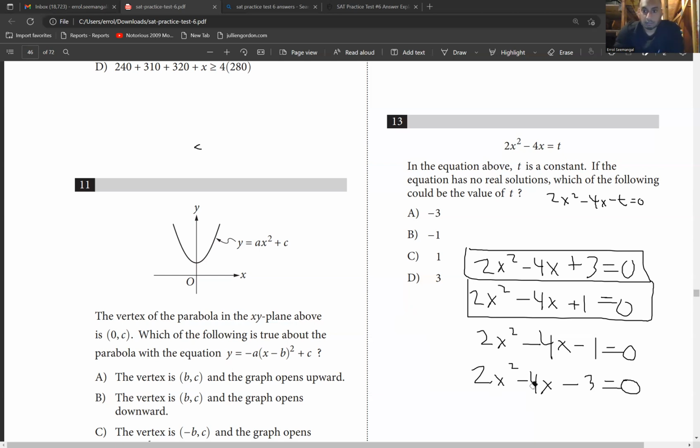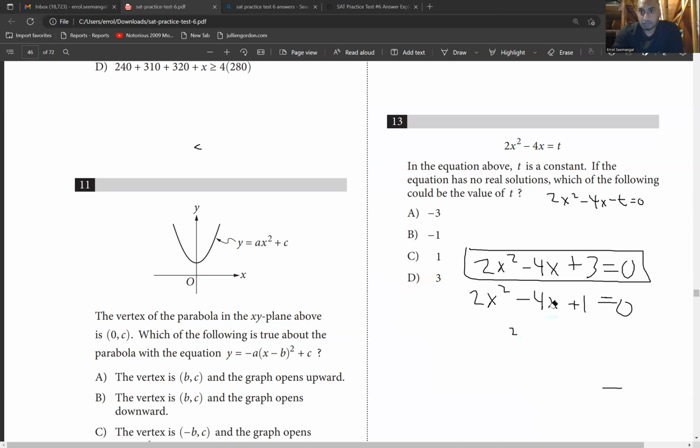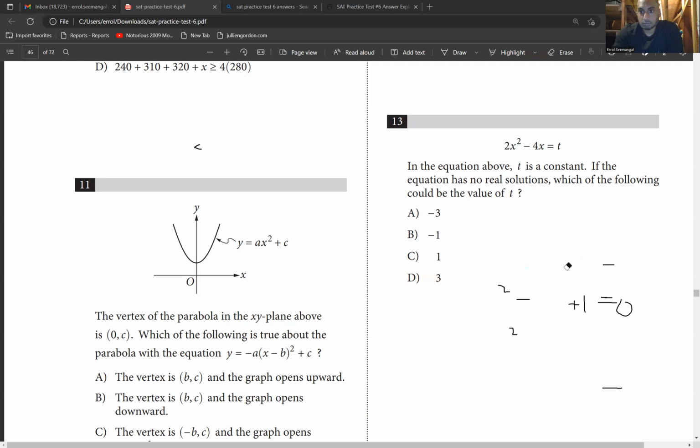Okay, so that didn't seem to work. If we factor the left side, would that make a difference? If we take out a 2x, we'll have x minus 2, is it? Equals t. 2x squared minus 4.